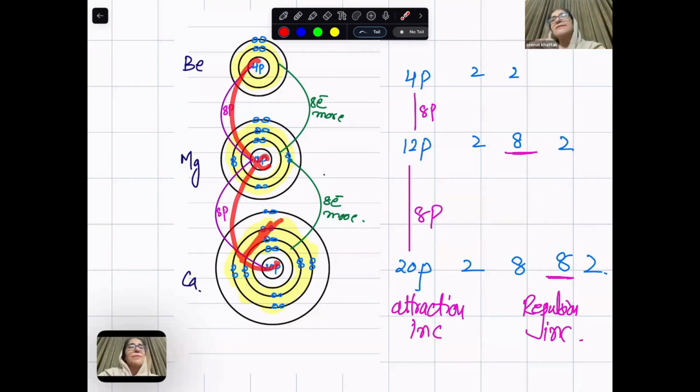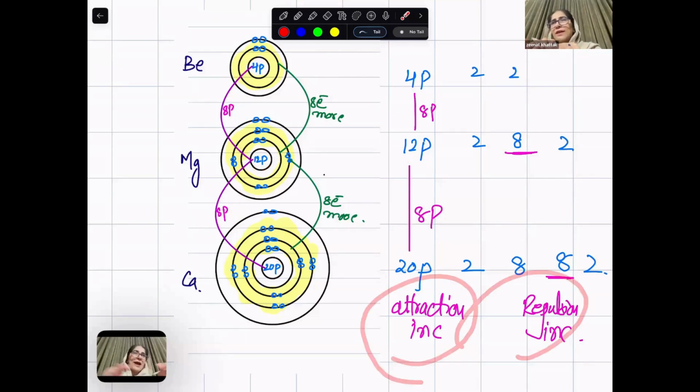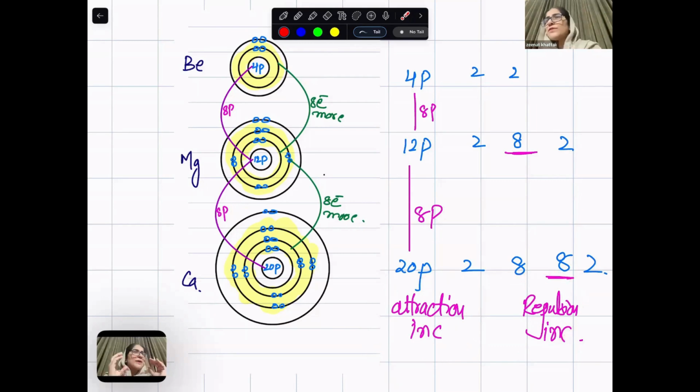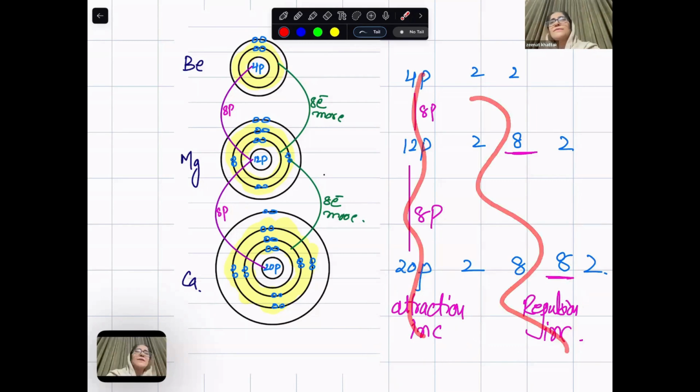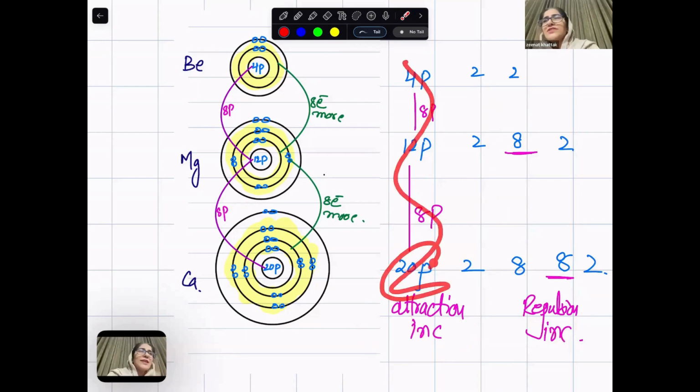They balance each other. The attraction and the repulsion balance. Balance means they become equal. When the protons are increasing but their effect is cancelled, then why is the nuclear attraction for valence getting less?